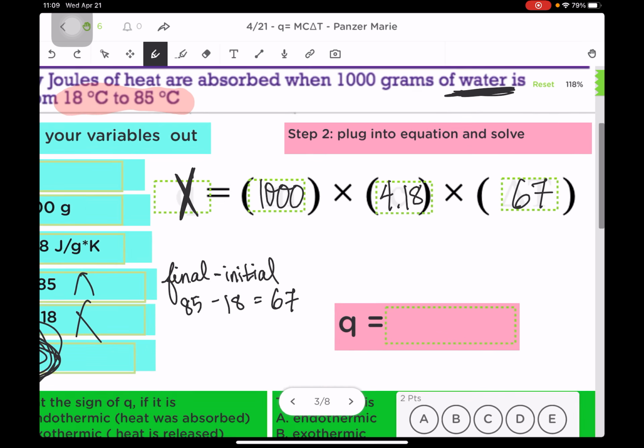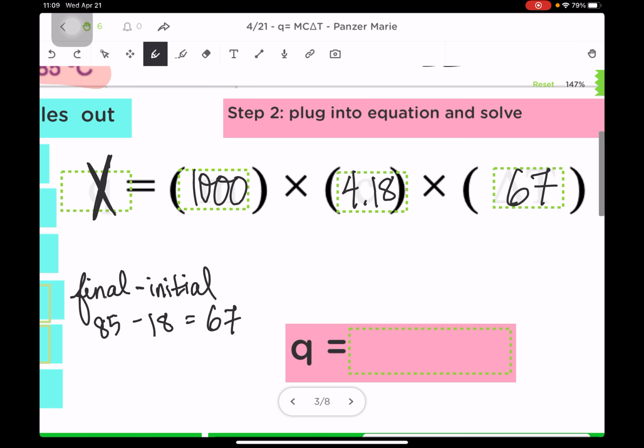So from here, all you would do is punch it into the calculator. So I have X equals 1,000 times 4.18 times 67, and I punch that into my calculator.